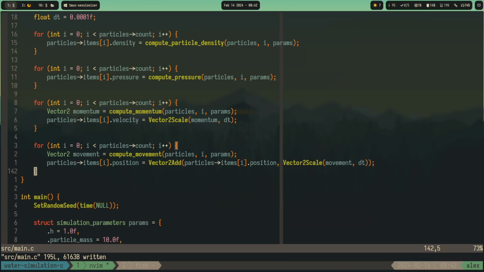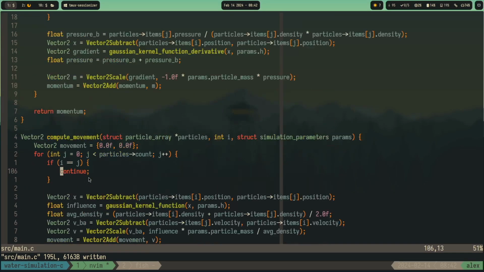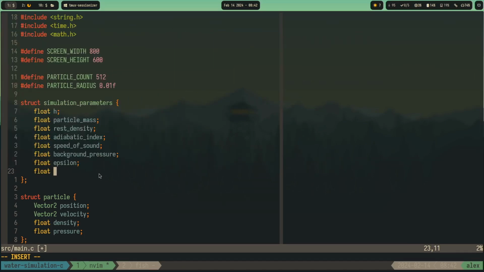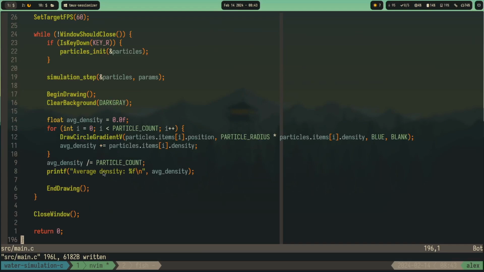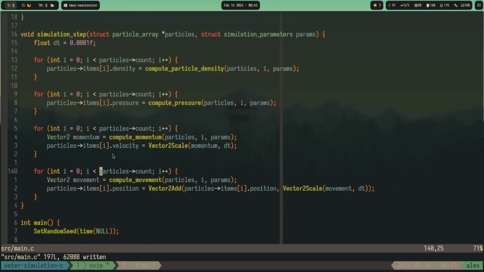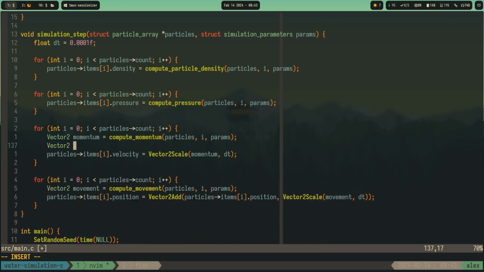So let's add the gravity. Maybe we can have float gravity here. Right, so we have the momentum and the vector to gravity.